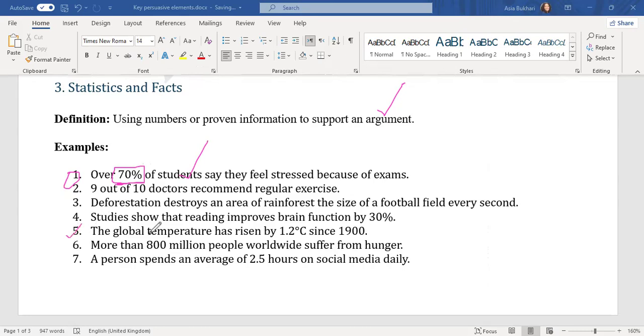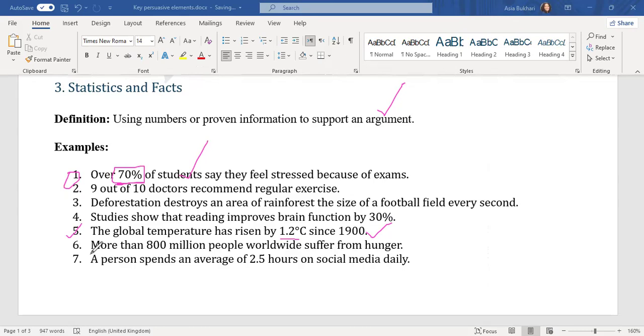The global temperature has risen 1.2 degrees centigrade since 1900. So you see that this is something proven, and if you say that it is because of the overuse of technology or transportation, then it is really going to bring a good weight to your argument. Okay.